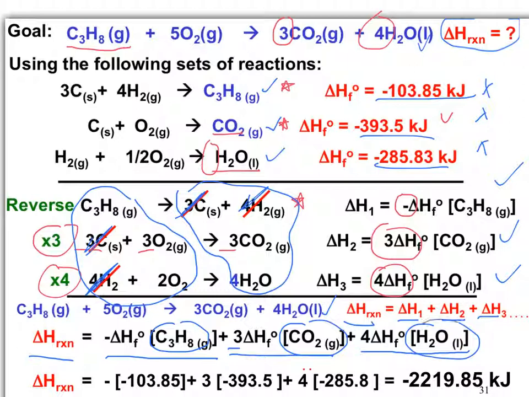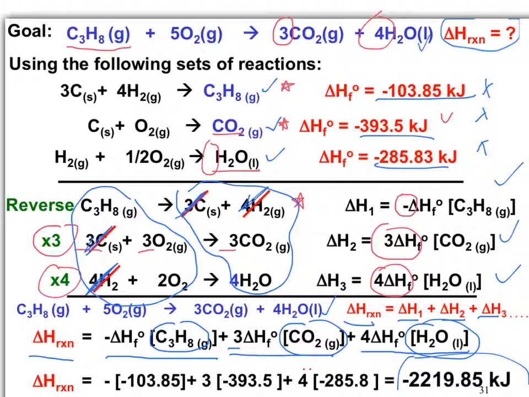brackets here. Okay, we're going to carry out basic math, so it's going to be negative 1 times negative 103.85 plus 3 times negative 393.5 plus 4 times negative 285.83. Okay, and that should give us this value here.